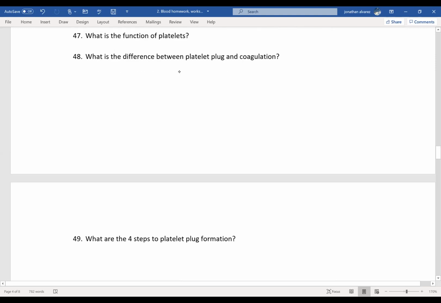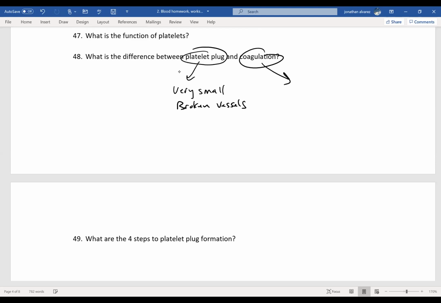Okay, a platelet plug is for very small broken blood vessels. Coagulation is for a larger wound.